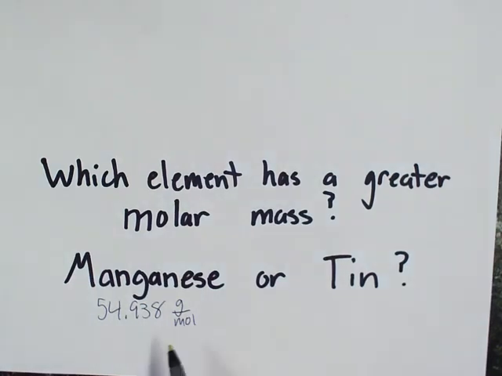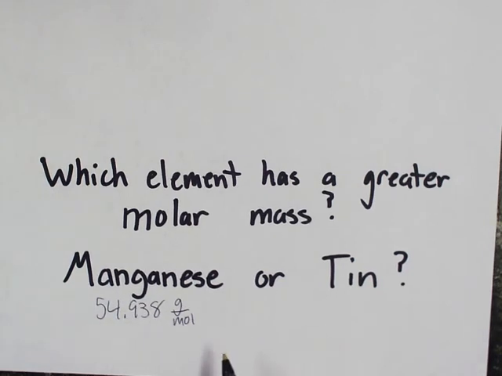What those units mean is that if I had a mole of manganese, if I had 6.02 times 10 to the 23 atoms of manganese, in real life it would have a mass of 54.938 grams. That's what that unit means: 54.938 grams per mole of manganese.